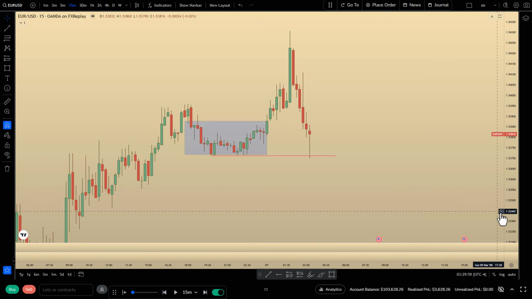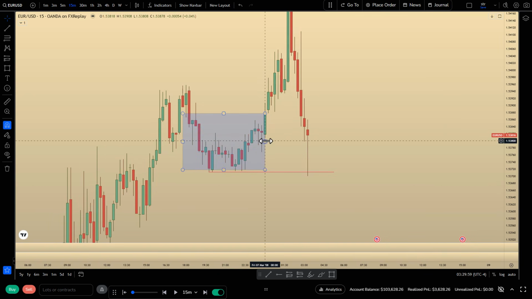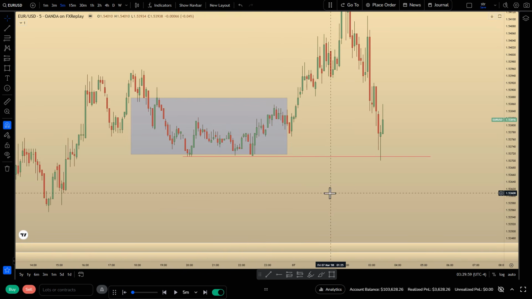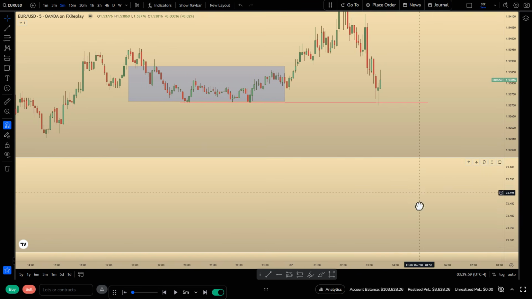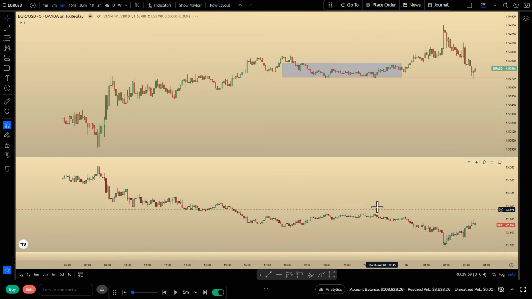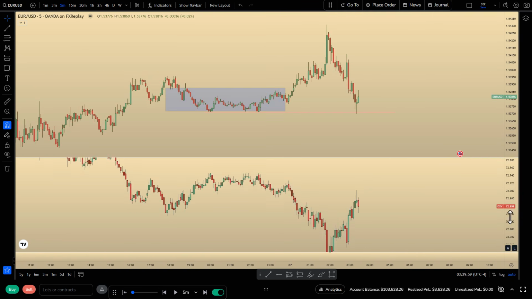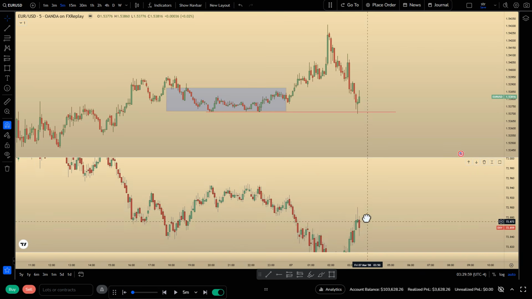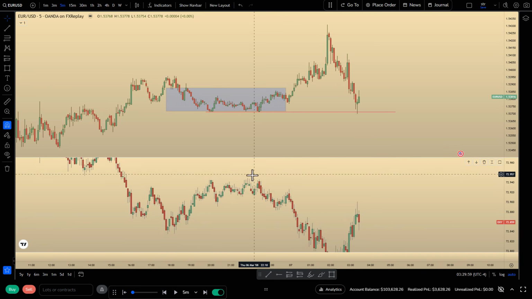All right, we swept it. We have a potential SMT on DXY. Still, we might have another push, but for now it is an SMT.